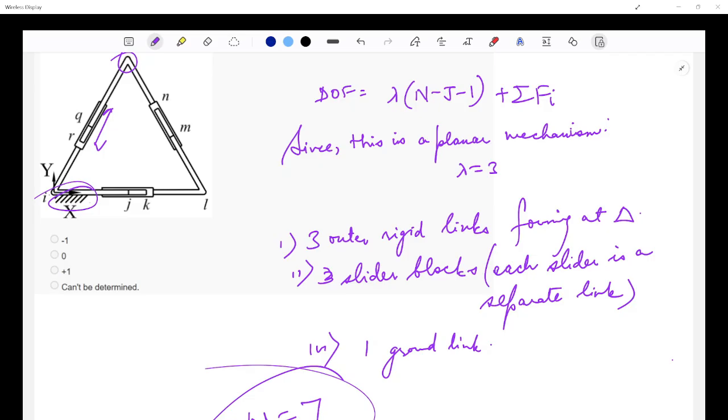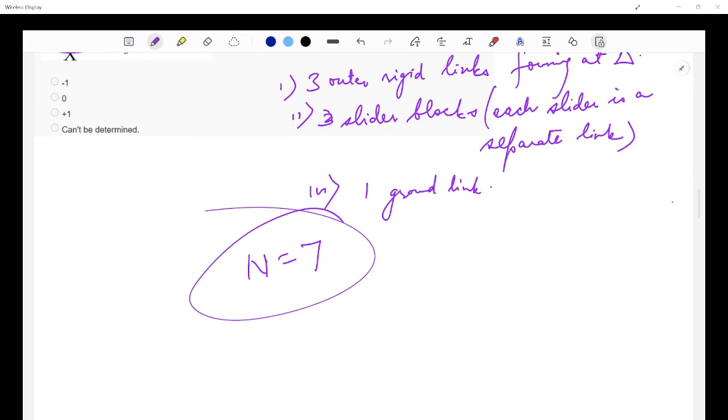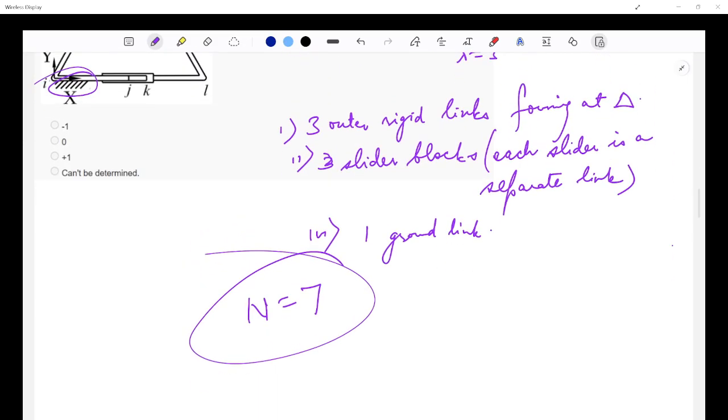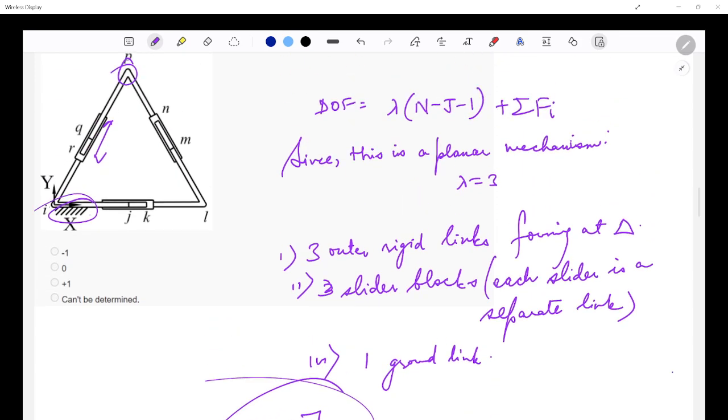Yes. Not 3, so I'll just clarify myself again. Each slider arrangement has one prismatic joint, right? This one, and it has one connection to the link. So in total we have three prismatic joints and three connections to the links, right? So it has to be six. I hope it is clear.